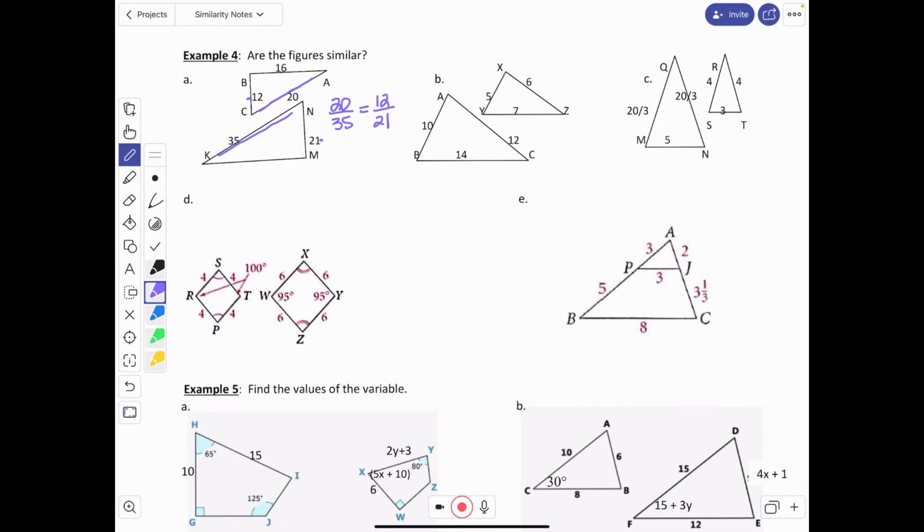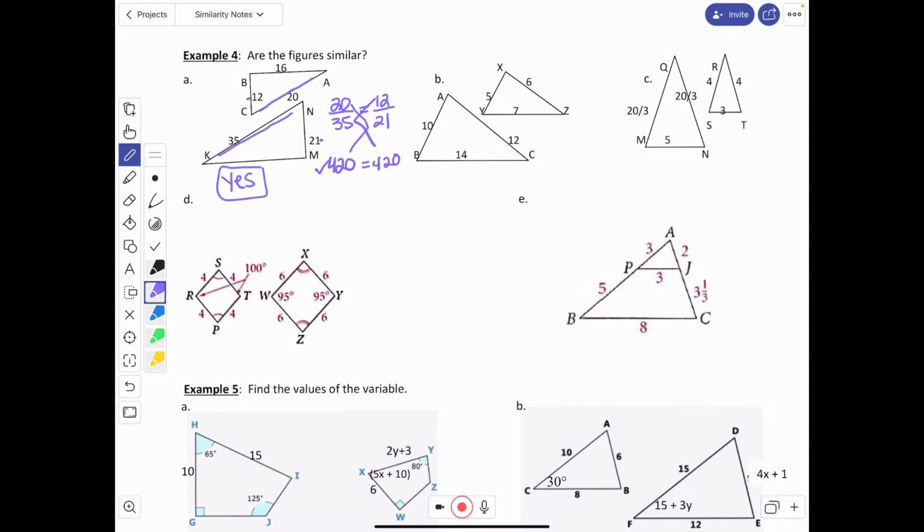Okay. And so now I just want to see if these are similar proportions. So to check that, you cross multiply. So 20 times 21 is going to give me 420. And 12 times 35 is also going to give me 420. And since these are equal, then we would say yes, they are similar.